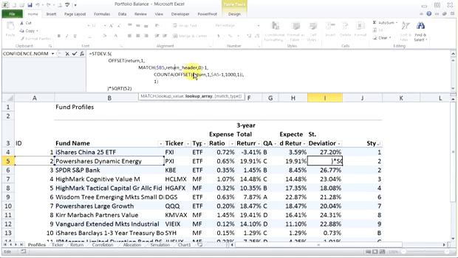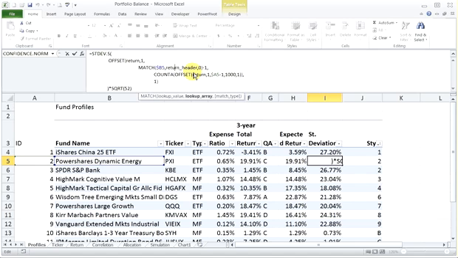So throughout this model, I want to be using these functions so that the order doesn't matter. It will always be in the correct order, the correct arrangement, because it's looking up the name of the fund, not relying on any pre-designated order or arrangement that you've set up previously.